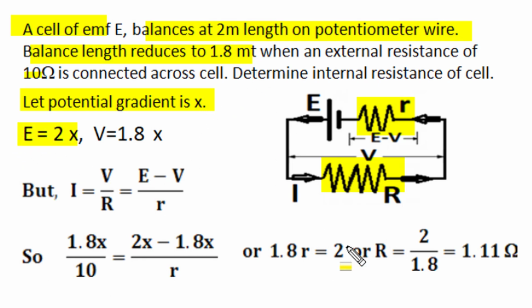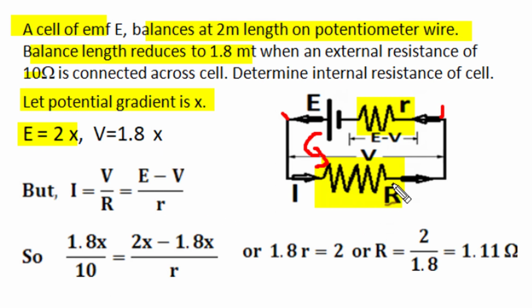And in the second case, when the known 10 ohm resistance is connected in the cell circuit, a tertiary circuit is formed which has a current in it, and due to that current flow, voltage drop in internal resistance takes place and the cell terminal voltage gets reduced, and the reduced terminal voltage balances at 1.8 meter on a potentiometer wire of potential gradient x, so terminal voltage is 1.8x.